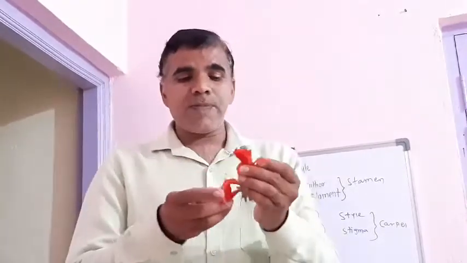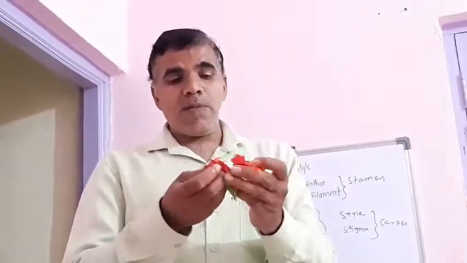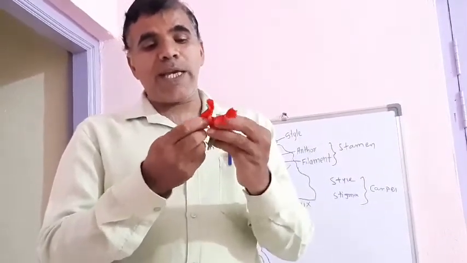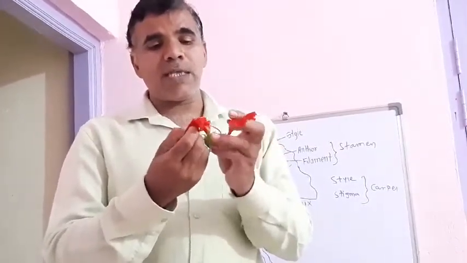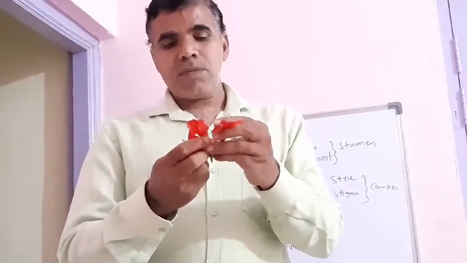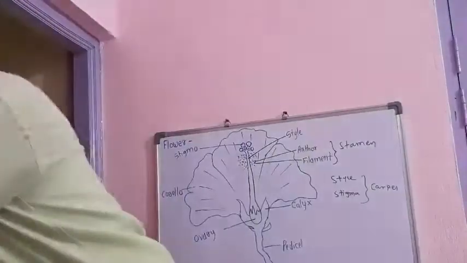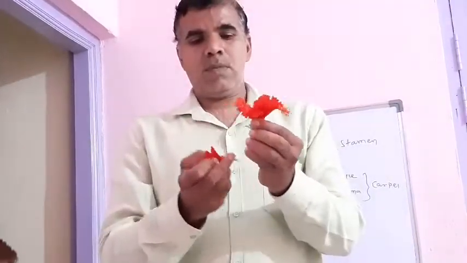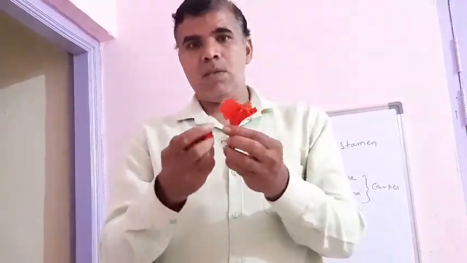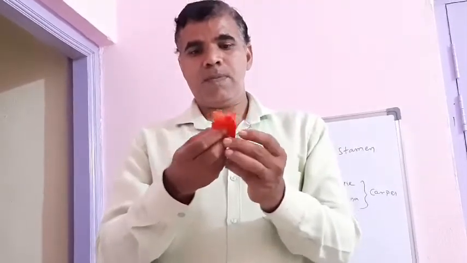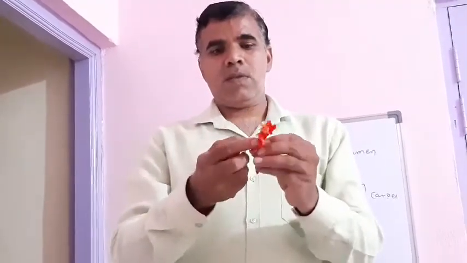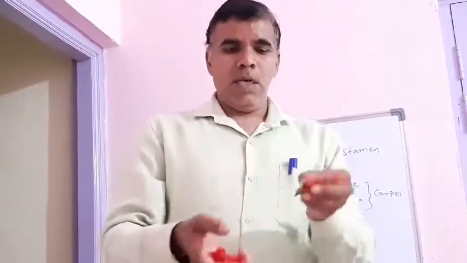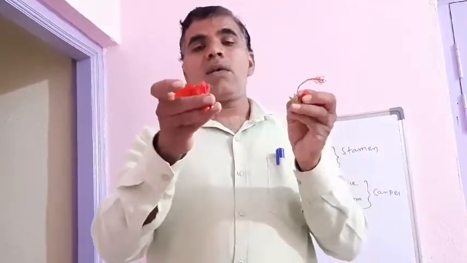Then look at this. If we have to see the next part of the flower, the next part of the flower is as follows. Look at this. These are the red colored petals.